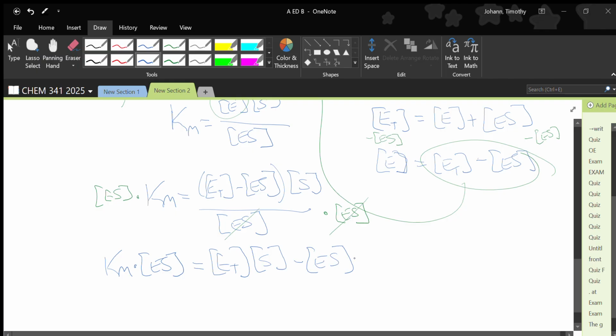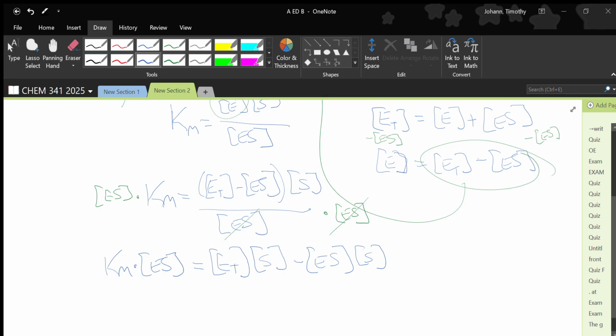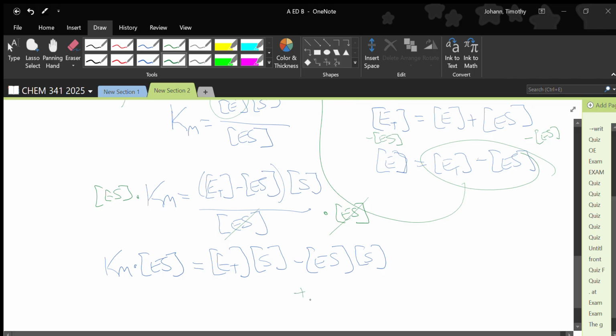Have I made a mistake here? Okay. Question? Nope. Okay. And now I'm going to add enzyme times enzyme substrate to both sides, and that's going to get all my enzyme substrate on the same side.